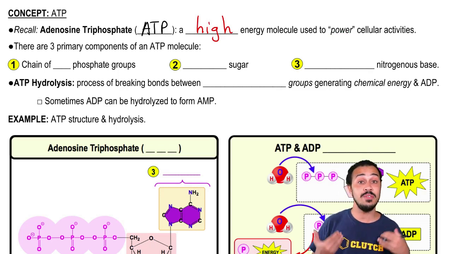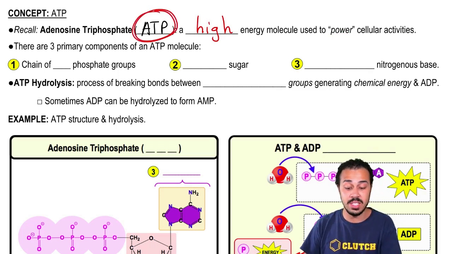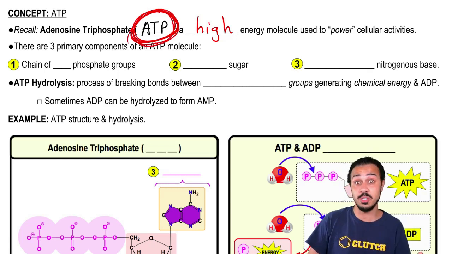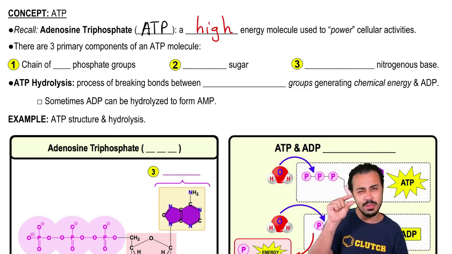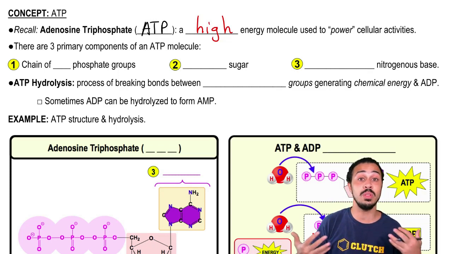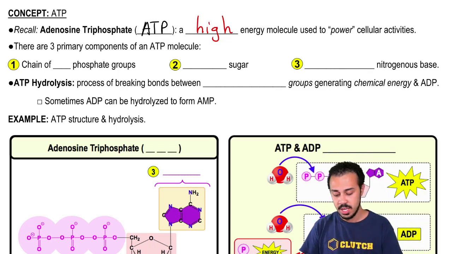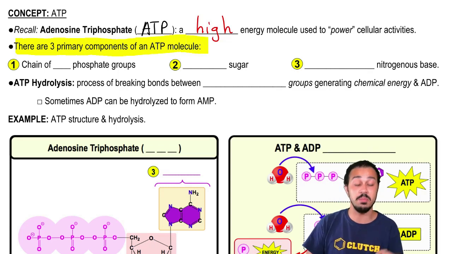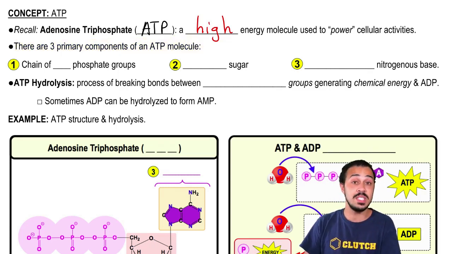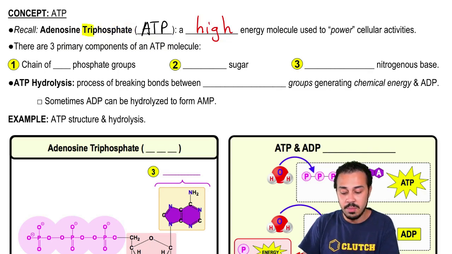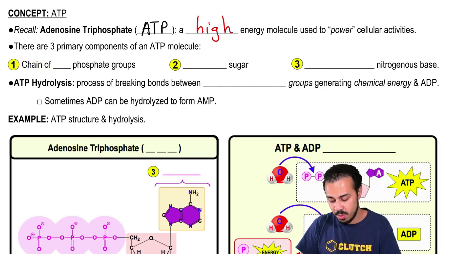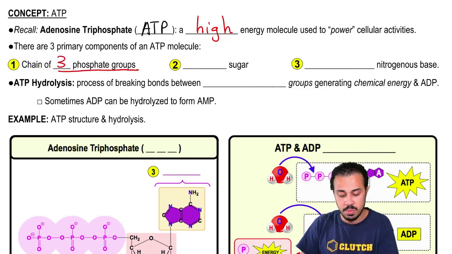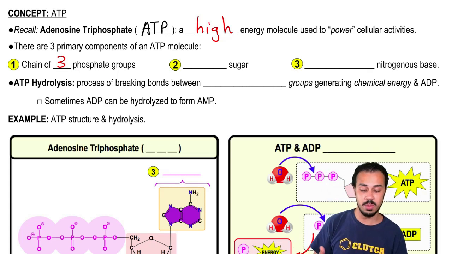activities. And so if the cell has a lot of ATP, then the cell has a lot of energy. But if the cell has a little bit of ATP, then the cell only has a little bit of energy. Now, really, there are only three primary components of an ATP molecule. And as its name implies, with the triphosphate part, tri meaning three, there are a chain of three phosphate groups in an ATP molecule.